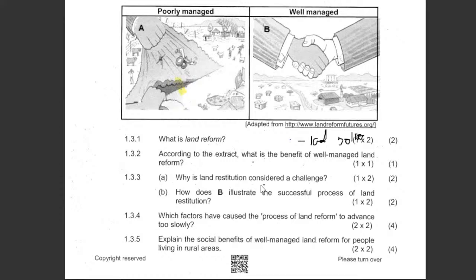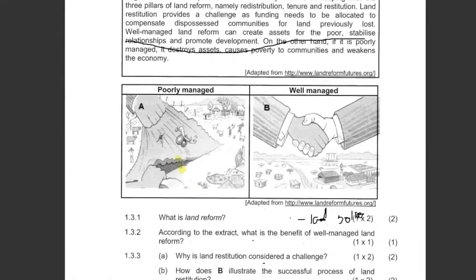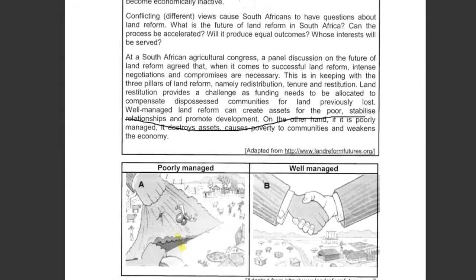Okay, we go to 1.34. Which factors caused the process of land reform to advance too slowly? Why is it advancing too slowly? We need to check on the factors from the extract, or we can think of some others that might not be there.